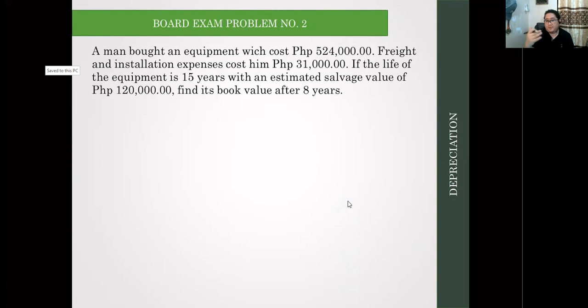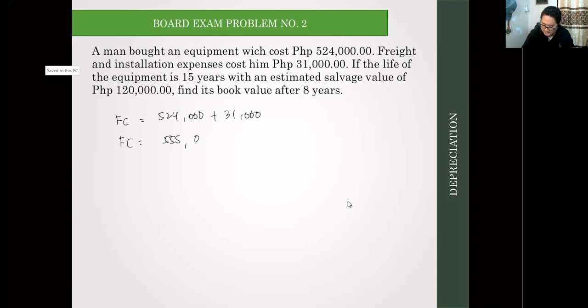So on top of the equipment cost, we need to add those expenses because that is what we spent. So the first cost will be the equipment cost of 524,000 plus the 31,000 expenses. Okay? Because this is the total we spent at the start. So we have 555,000.